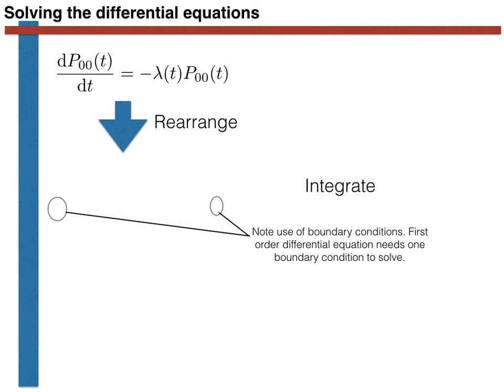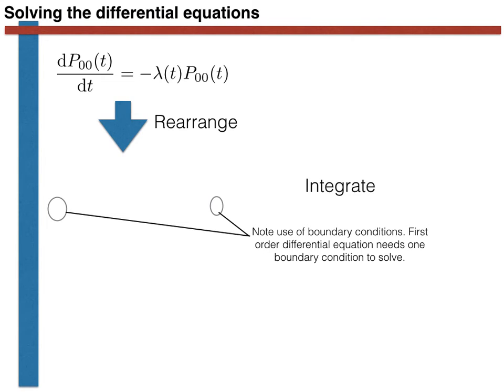Also, notice that the upper limits in these two integrals are equal to P00 of t for the left-hand side and t for the right-hand side, and that as such we have written the integrands in terms of t prime. This is important. t prime and t are not equal. t prime is the variable we are integrating over in the right-hand side.